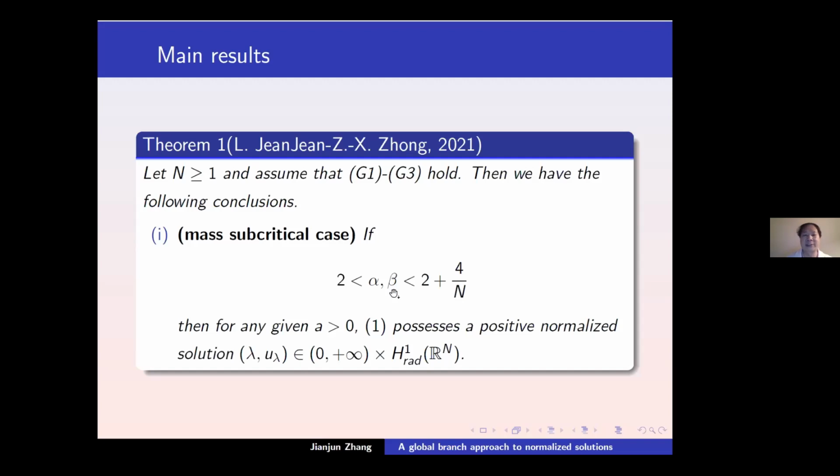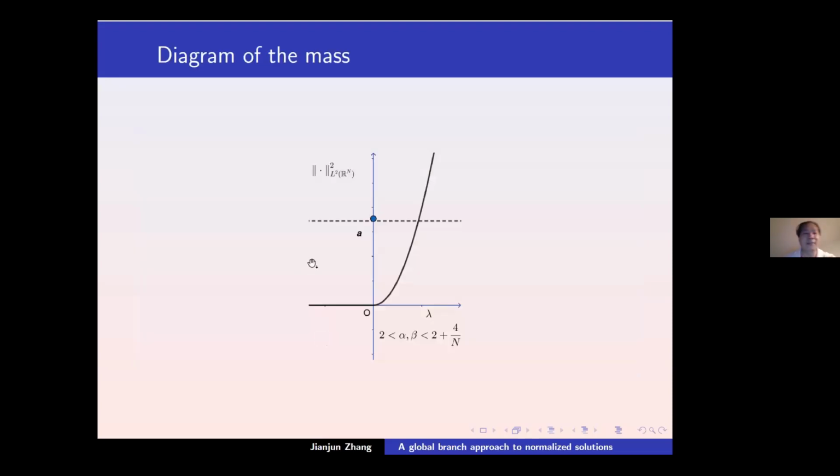This means that the normalized solution exists globally, because we do not give any restriction on the mass A. For any mass A, we can find a normalized solution with the mass A. But we do not know whether the normalized solution is unique or not.